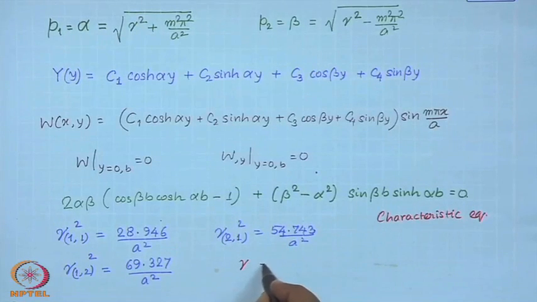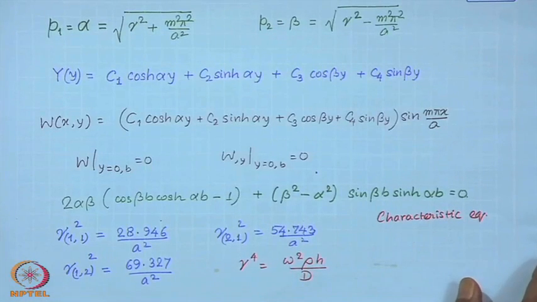So, gamma power 4 is, so from here you can determine the natural frequencies.